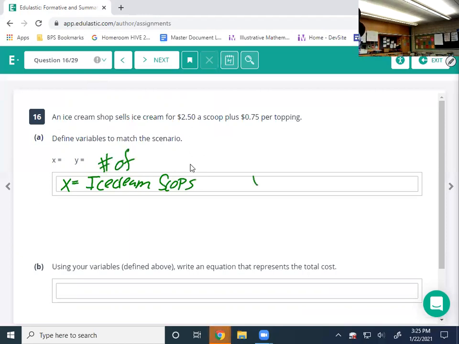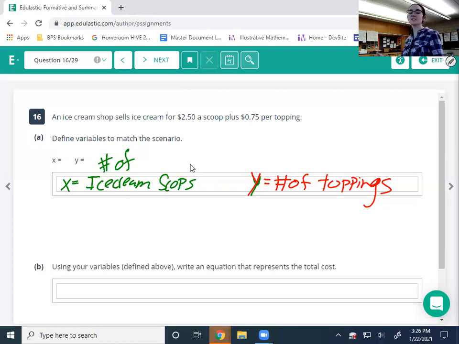Y is going to represent the number of toppings. Using these variables, write an equation that represents our total cost.